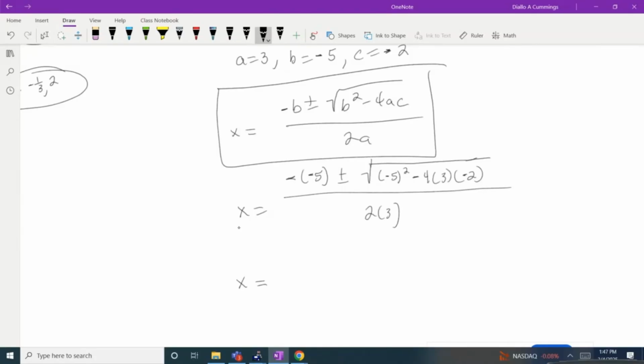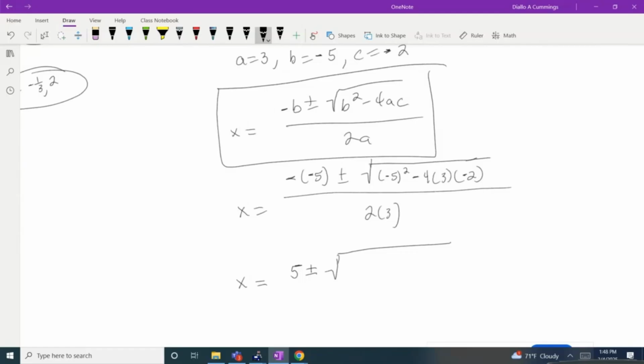All right. So a negative times a negative makes a positive. So that's positive 5. This plus or minus is important because it breaks us out into two answers. Now, as far as the square root is concerned, remember the order of operations. Please excuse my dear Aunt Sally.